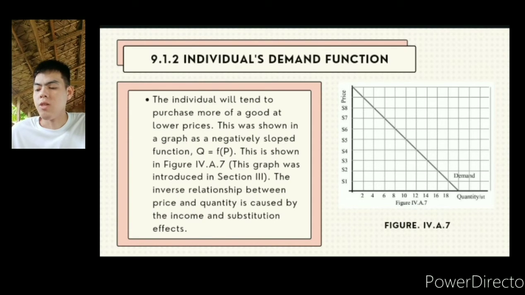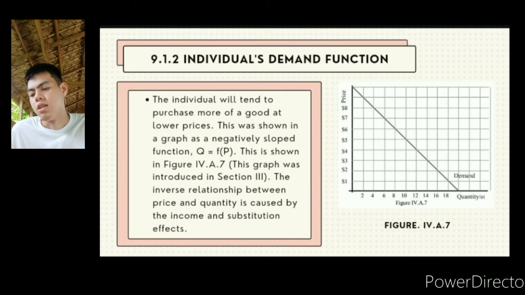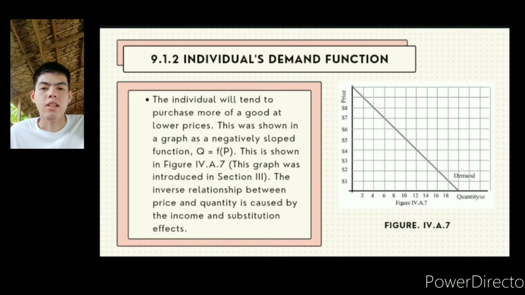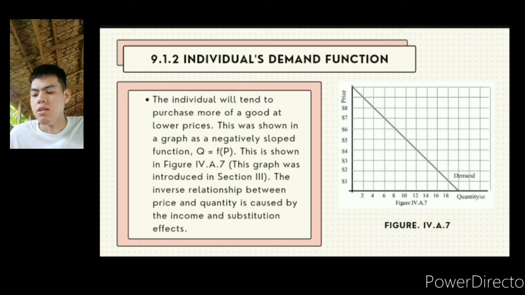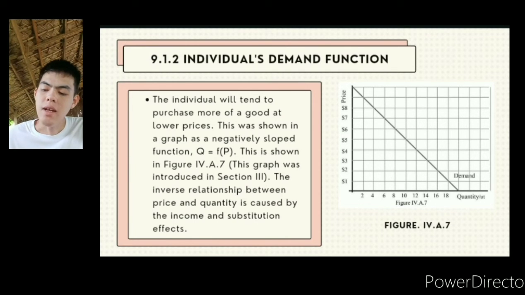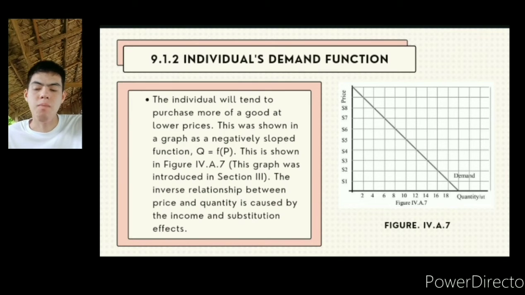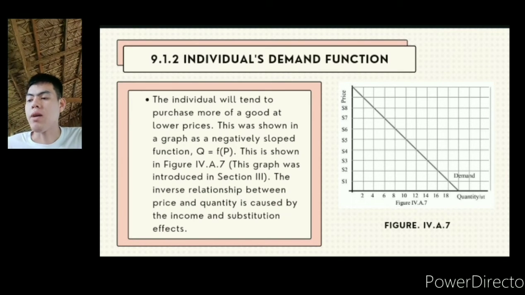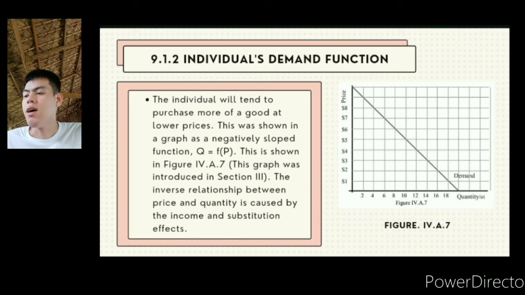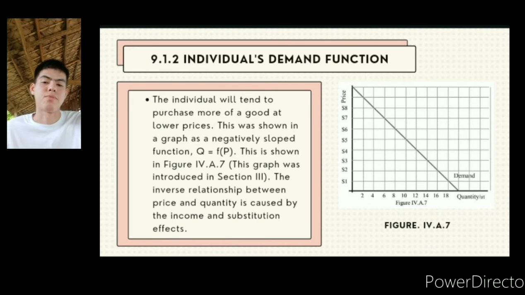Let's proceed to the individual demand function. The individual will tend to purchase more of a good at a lower price. Sino baga naman ang hindi bibili ng maraming goods if nalaman na mura ito? Siyempre, ako as mamimili, bibili ako ng marami kasi minsan lang maging mura ang mga bilihin.